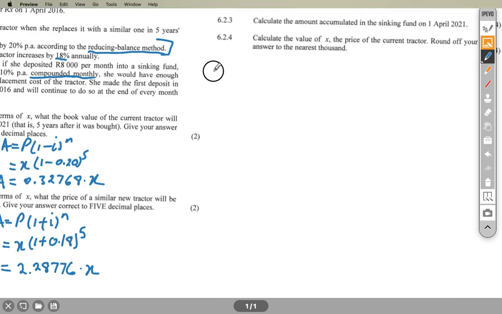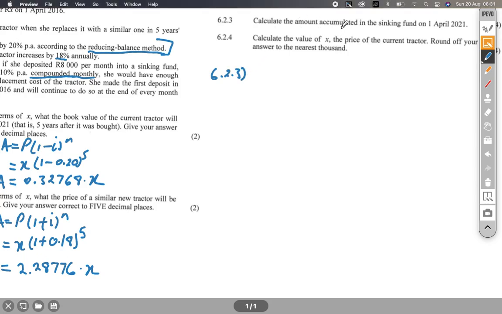Okay, and then 6.2.3, calculate the amount accumulated in the sinking fund on 1 April 2021. So we would use our future value formula.